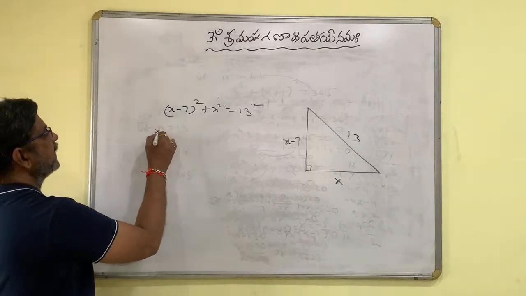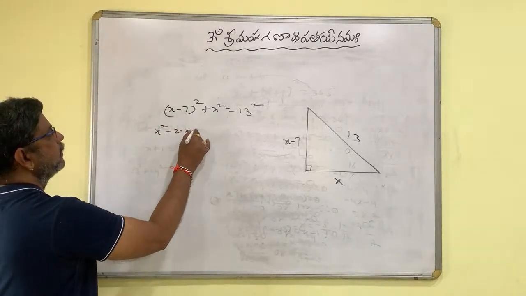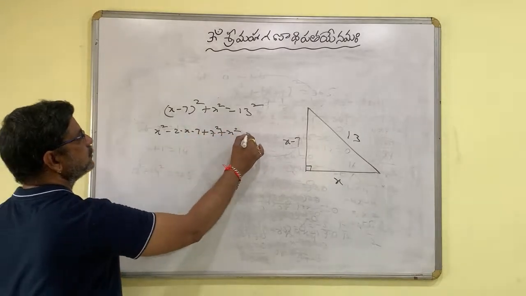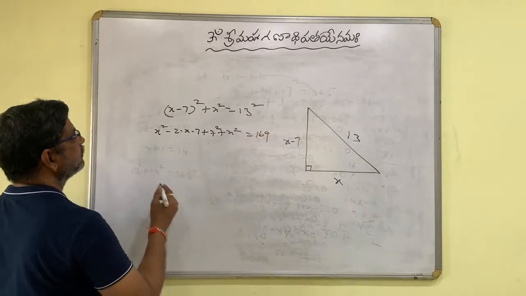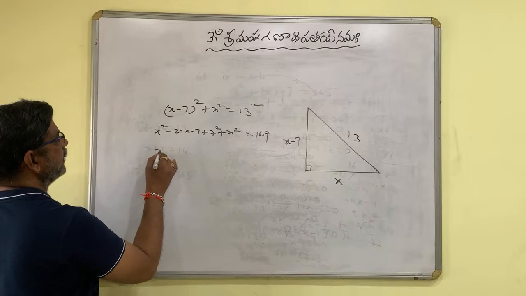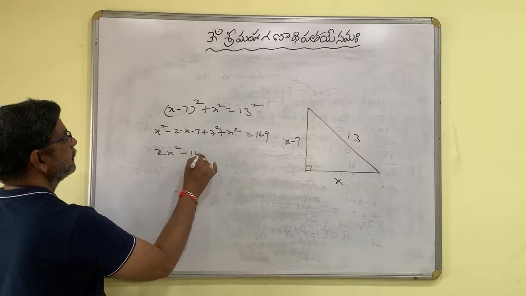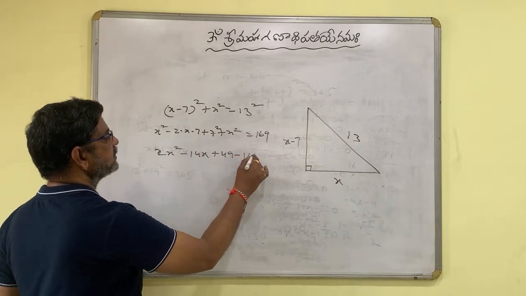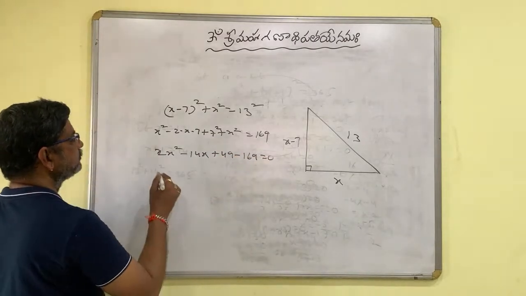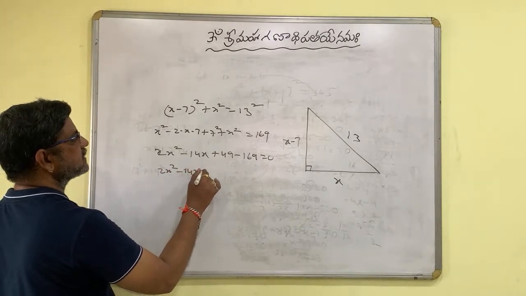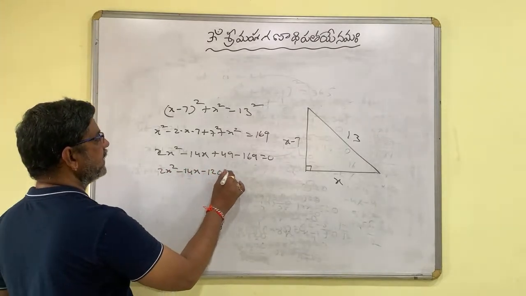Using the expansion (a minus b) whole square equals a square minus 2ab plus b square, it equals 169. So x square plus x square, 2x square minus 14x plus 49 minus 169 is equal to 0. 2x square minus 14x minus 120 is equal to 0.